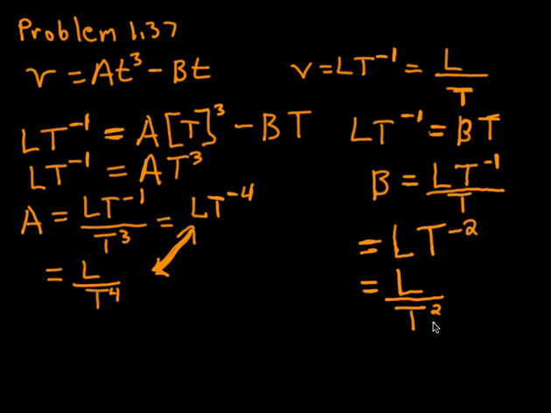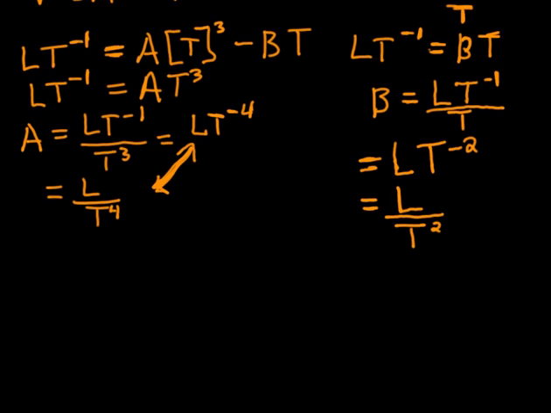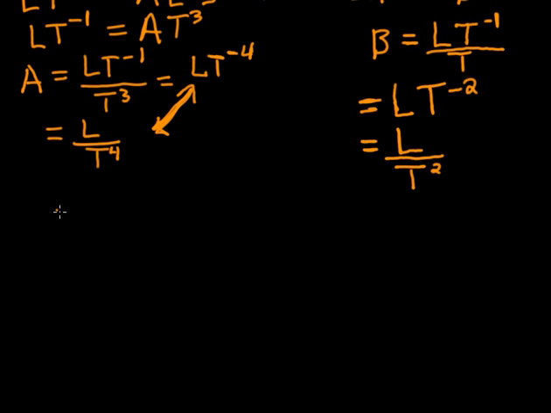Now, for part C, it's asking, what are the SI units for A? Well, the SI unit for length is meters, and the SI unit for time is seconds. So we can just replace our dimensions, and we can say A is meters per second to the 4th. I want to put an arrow here because this isn't really an equality.